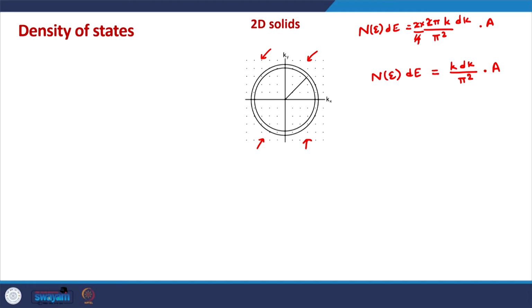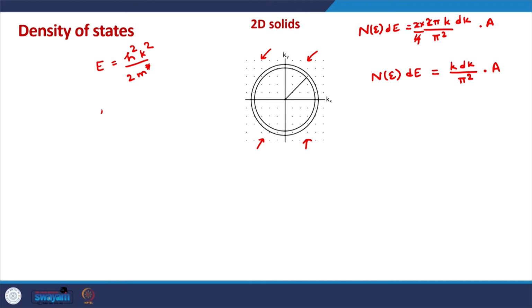Now, we go back to our EK relationship, which looks like this: E equals h bar square k square divided by 2 m star.